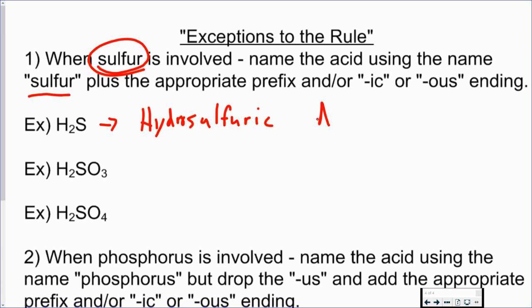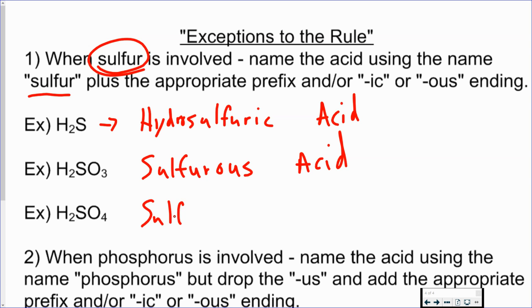So it becomes hydrosulfuric acid. SO3 is an ite, so the ending is ous, so it becomes sulfurous acid. SO4 is sulfate. Ate gets the ic ending, so it becomes sulfuric acid.